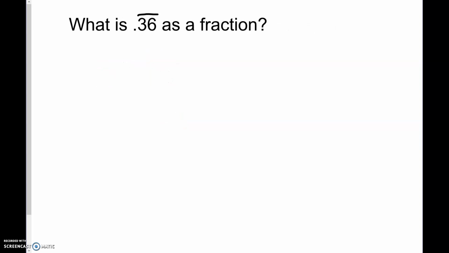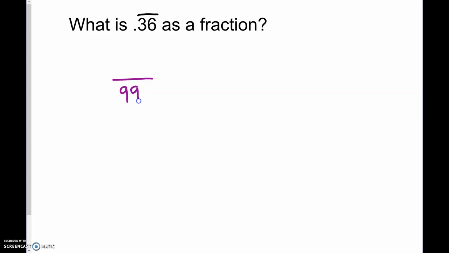All right, again, we have a decimal value. What is 0.36 repeating as a fraction? So stop the video, give this a try, and then go on and play it to see if you got it right. So since this is a repeating decimal, that means we're going to have 9s on the bottom. And we have 2 digits repeating here, a 3 and a 6.